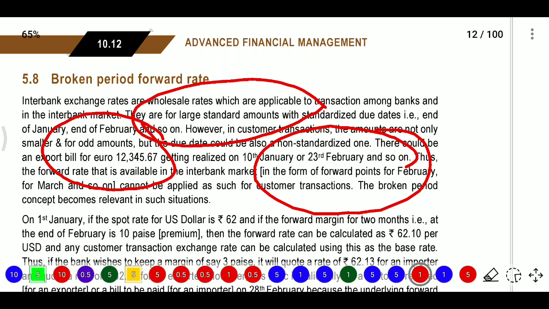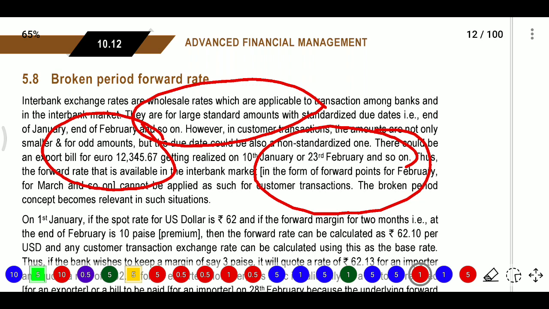They do not give a certain perfect date; they say the bill will be realized on 10th January or 23rd February and so on. So no ending date is provided. When the ending date is not provided, we should not add the forward points, because the concept becomes irrelevant for this situation.